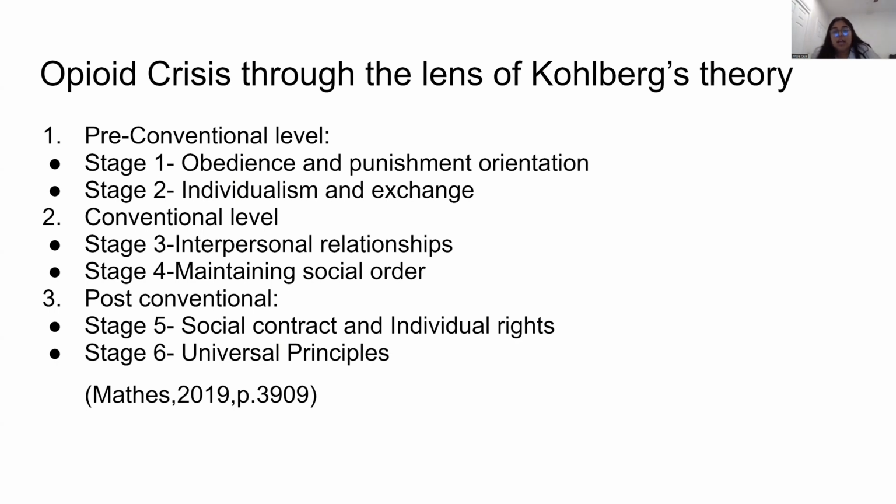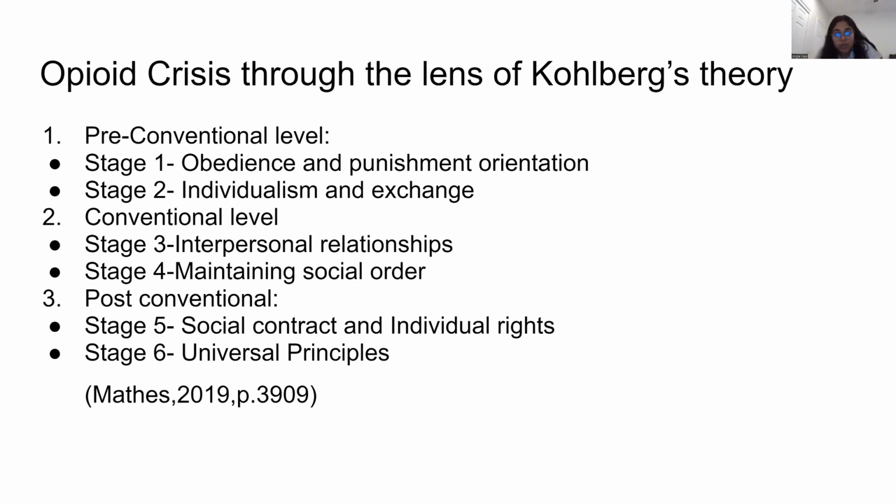The first is the pre-conventional level, which is stage 1. In the context of the opioid crisis, people may perceive those battling with addiction as deserving the punishment of their choices. This simplistic view may lack empathy and understanding of the factors contributing to addiction.